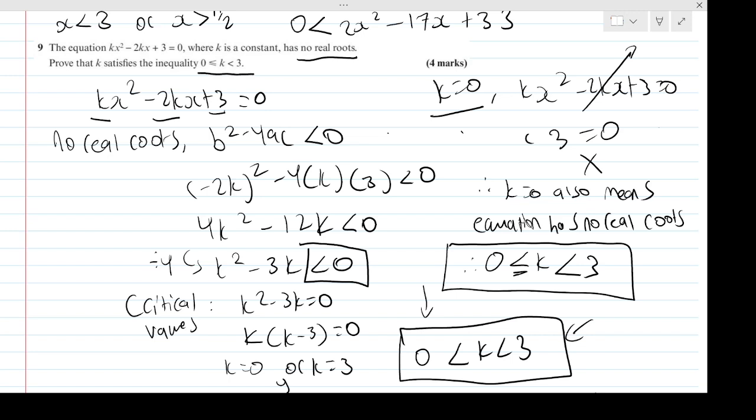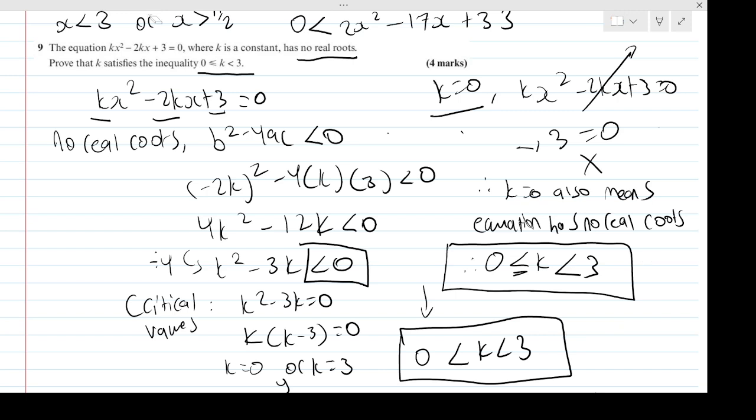I got 0 < k < 3, but the answer is 0 ≤ k < 3. So what happens when k is equal to 0? There might be a reason why that doesn't work, and in this case, we saw it because 3 is equal to 0. That means it's also a solution, okay? So we can add that extra solution onto our inequality to get this new inequality.